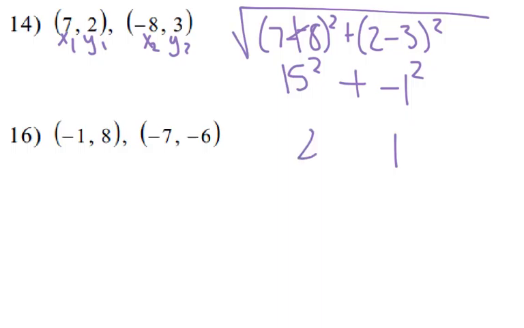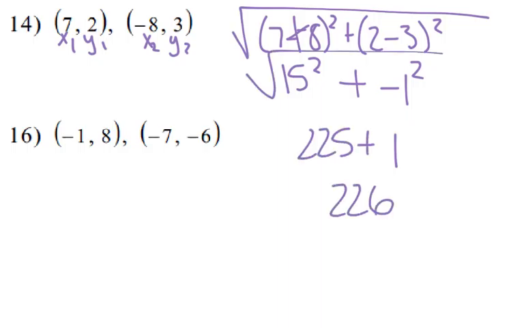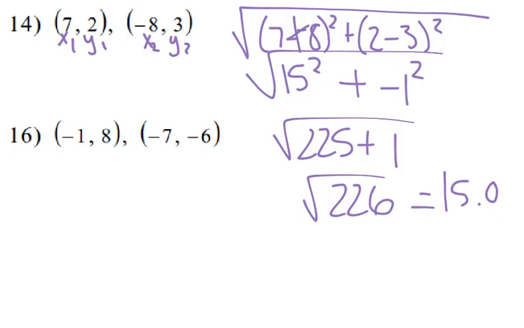Yep. 225 plus 1 is 226, and these are still all under the radical. Take the square root of that, and we get 15.0. So basically 15. That's easy enough to do with these points.